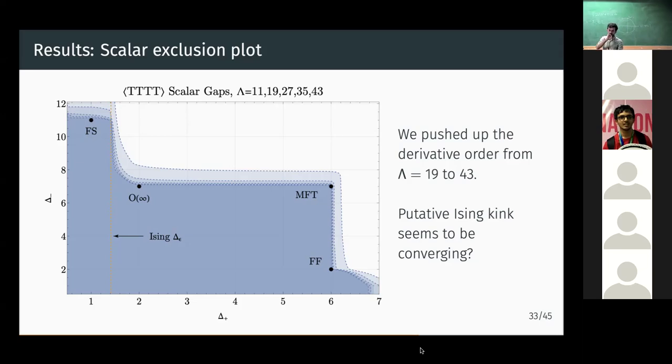I should emphasize one other thing: we're working with the unit-normalized stress tensor. The numerical value of the OPE coefficient of this, with the unit-normalized stress tensor, goes to 0.